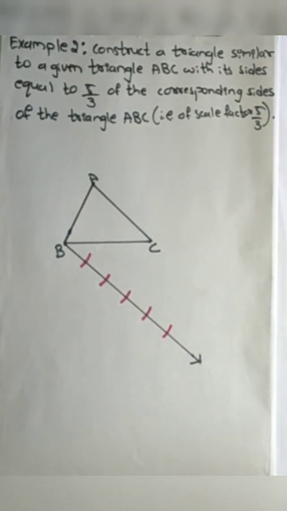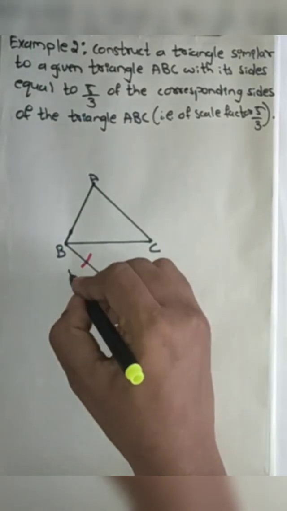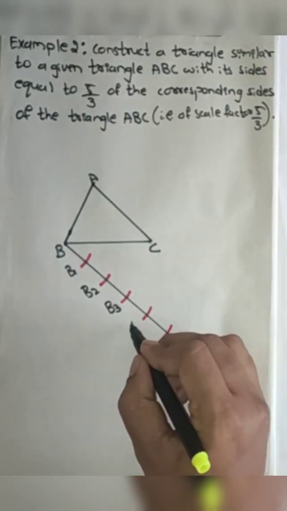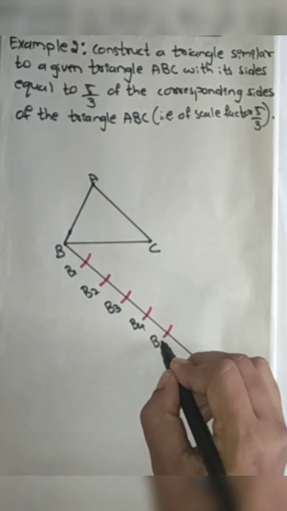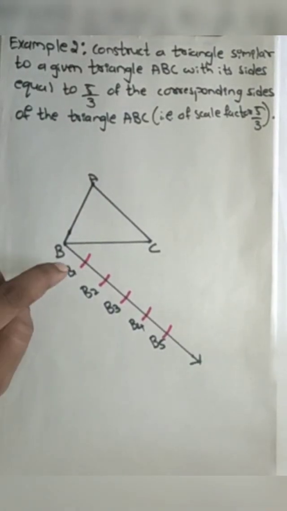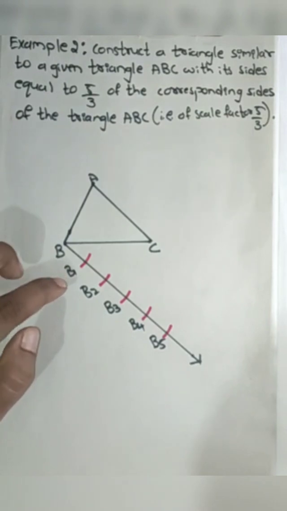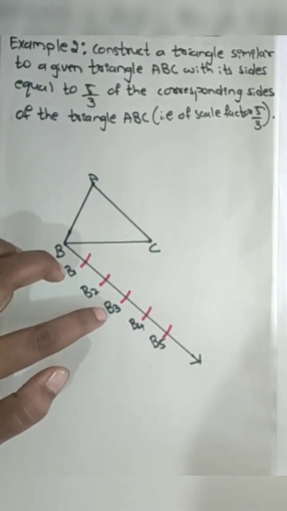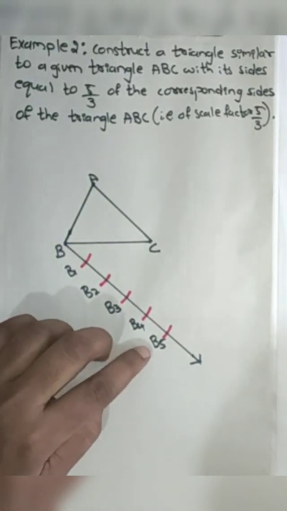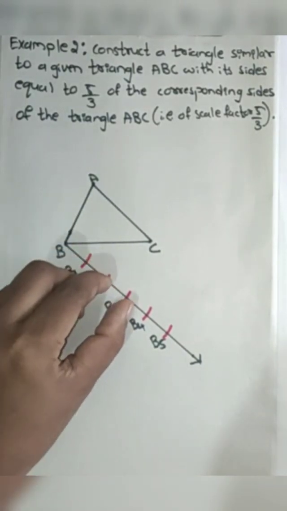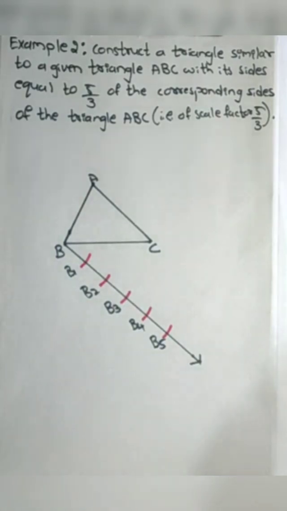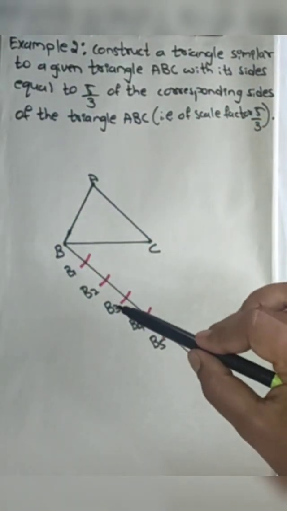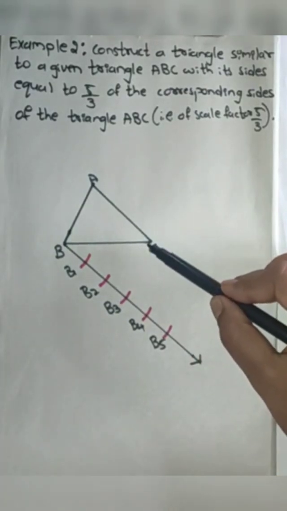Now you should name this B1, B2, B3, B4, B5. B1B2 is equal to B2B3, up to B4B5. These all arcs are equal here. Now see the denominator 3. So from B3 you should join to the C.